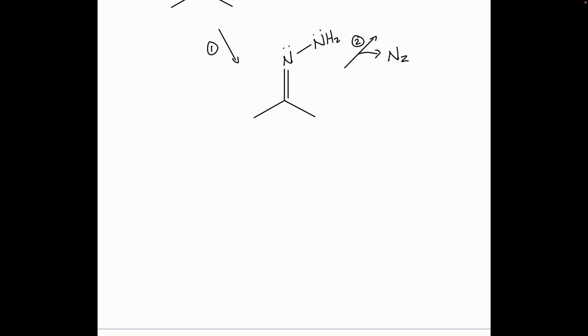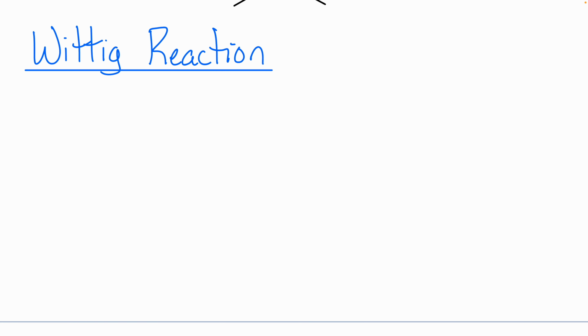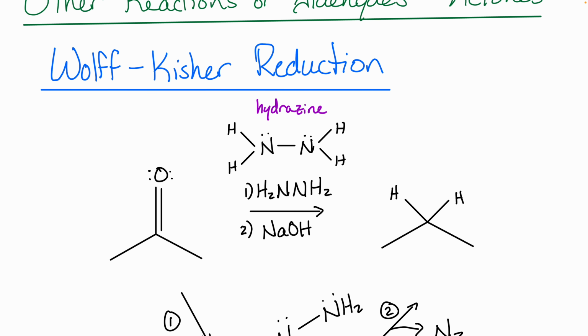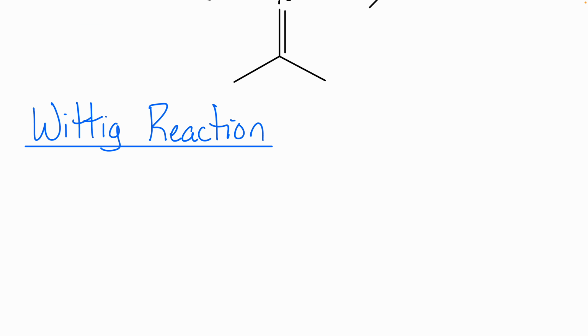The next one is what's called a Wittig reaction. All right, and whereas the Wolff-Kishner reaction converted our aldehyde or ketone into an alkane, our Wittig reaction will convert our aldehyde or ketone into an alkene.